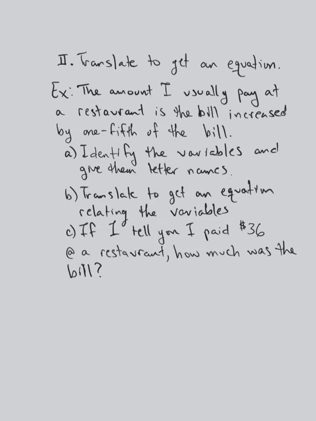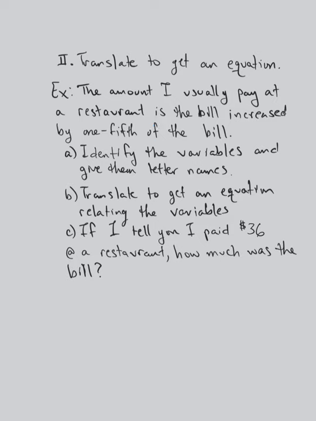So remember there's this other layer that's harder and deeper, where we're given information and we need to translate to get an equation. And this is a harder part. So you might want to pause and read through this. I'm just going to go through it quickly. But so we're looking at this situation. The amount that I usually pay at a restaurant is the bill increased by 1/5 of the bill.